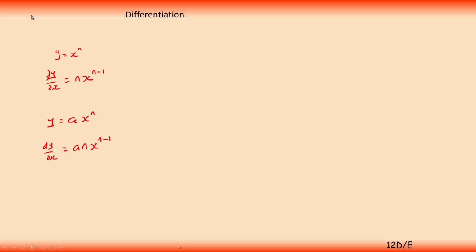What we have though this time is more than one term. So we do term by term differentiation. If we just write what y is equal to here, y is equal to x squared minus 6x minus 4. So when we differentiate it, dy by dx, we do each term at a time.